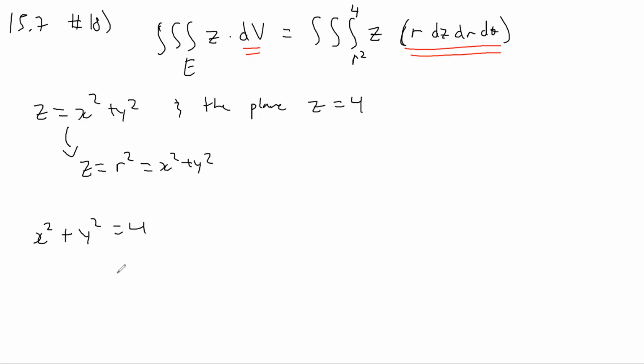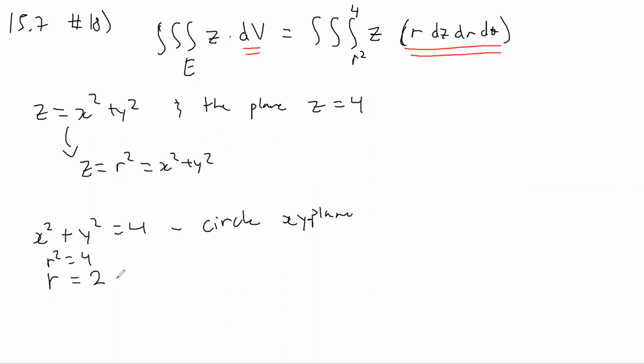What we can see from this is an equation of a circle in the xy plane. And what we know about the circle in this xy plane is that it has a radius equaling 2, right, since r squared is equal to 4, so the radius is going to be equal to 2.